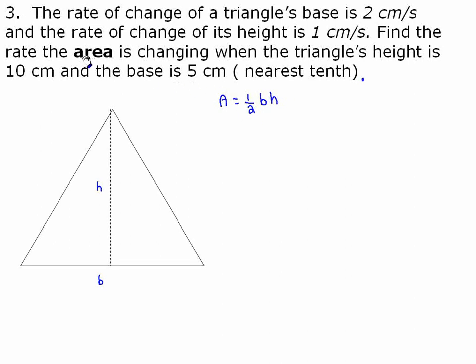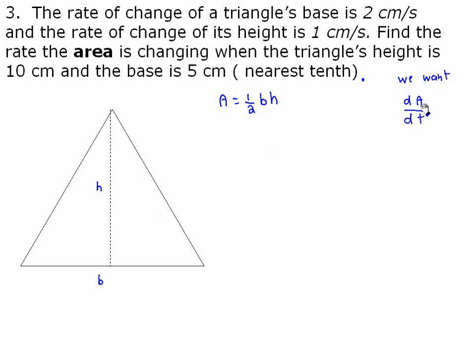So before we launch into it, though, let's see what we're asked to find. So we're told the rate of change of its base. We're told the rate of change of its height. So this is a triangle that for some reason is changing shape. And we want to get the rate the area is changing. So find, or we want, dA/dt.